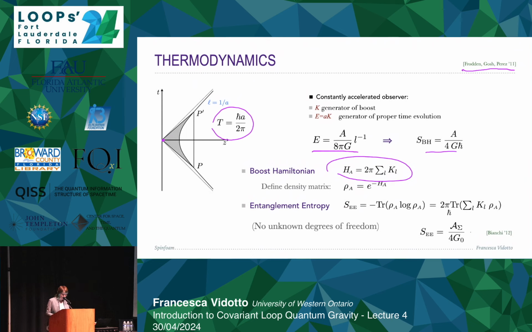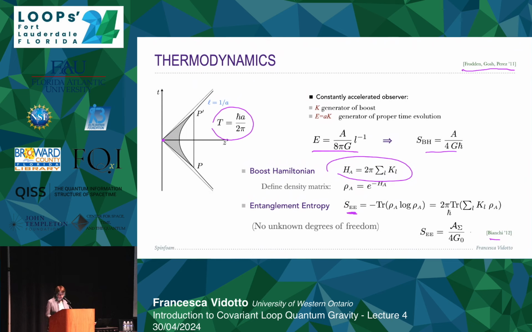And a beautiful calculation that was done in particular by Eugenio Bianchi was showing the equivalence between the black hole entropy and the entanglement entropy.